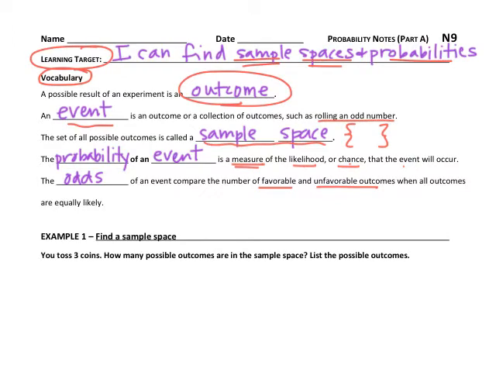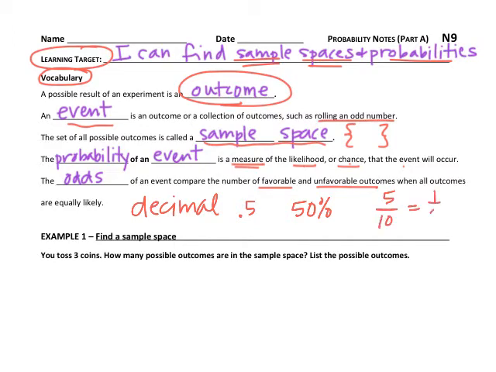One last thing I would like to add before we look at our first example is that probabilities are often written in decimal form. So you may see there's a 0.5 chance that something will happen, or you could see it written as a percentage, 50% chance of something happening, or you might see it written as a fraction.